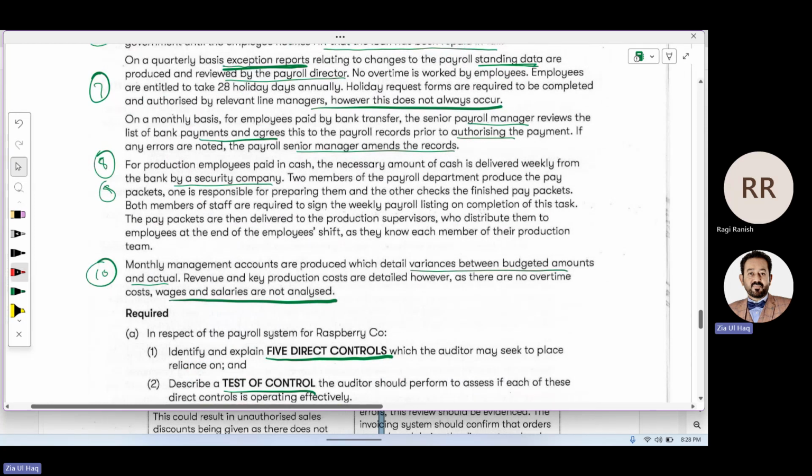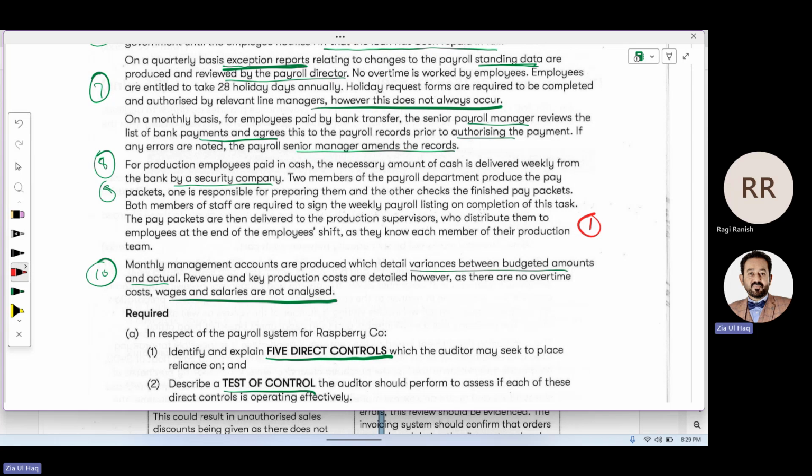First, employee signatures are not obtained while giving them payment. So the company will have no proof of payments. So the recommendation: while giving payments to employees, employee signature should be obtained. The distribution is by the production supervisor. Who is distributing the cash?